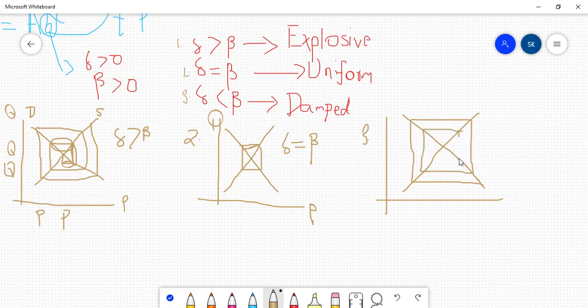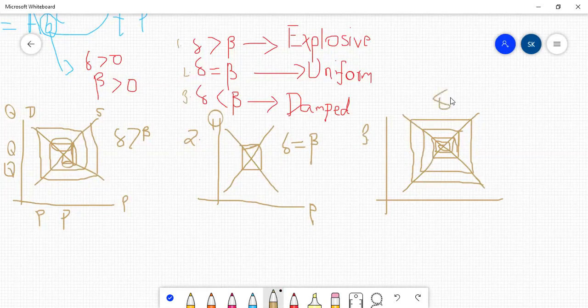I hope you're getting my point. The amplitudes become smaller and smaller, and it is moving towards the equilibrium point as well. So these are the damped oscillations.